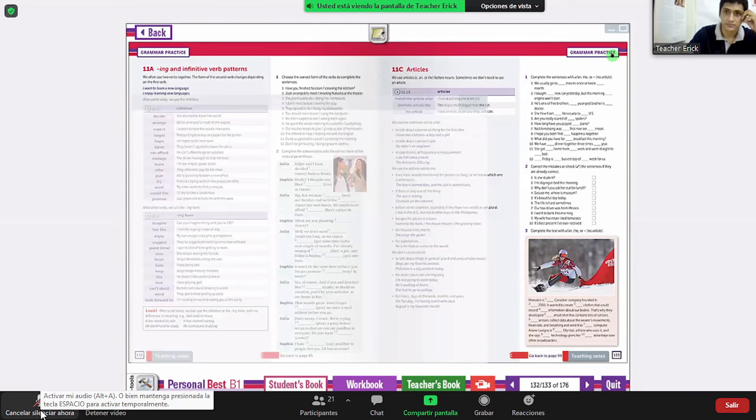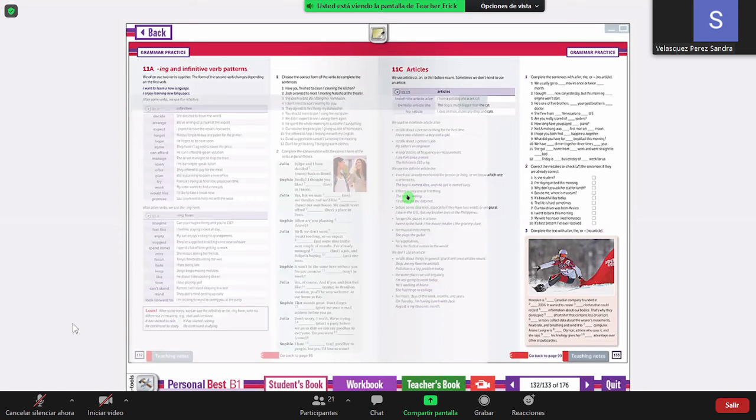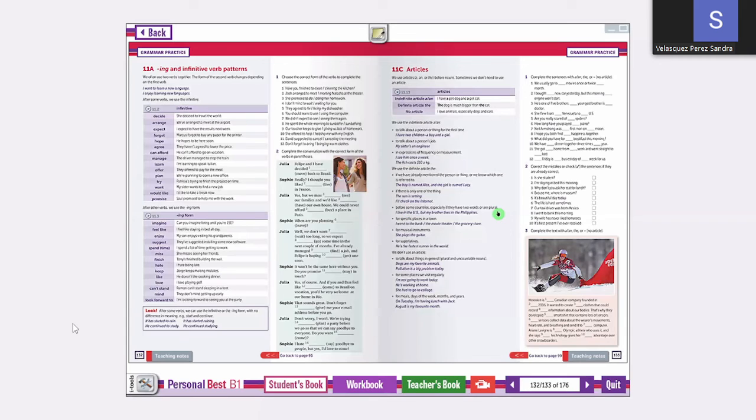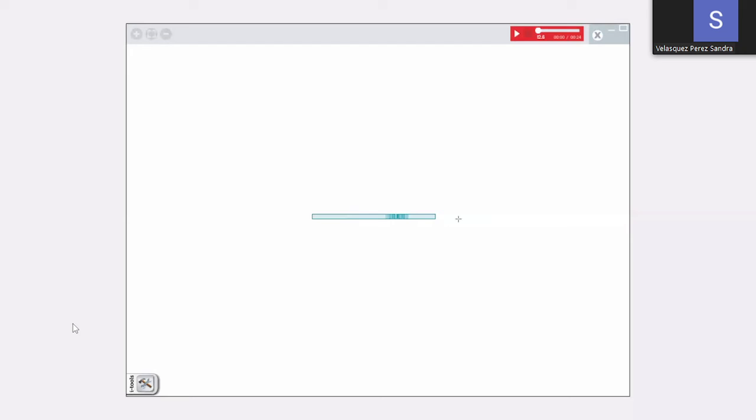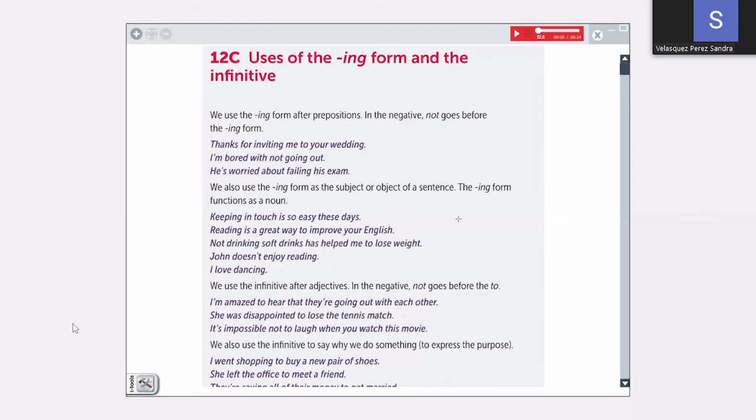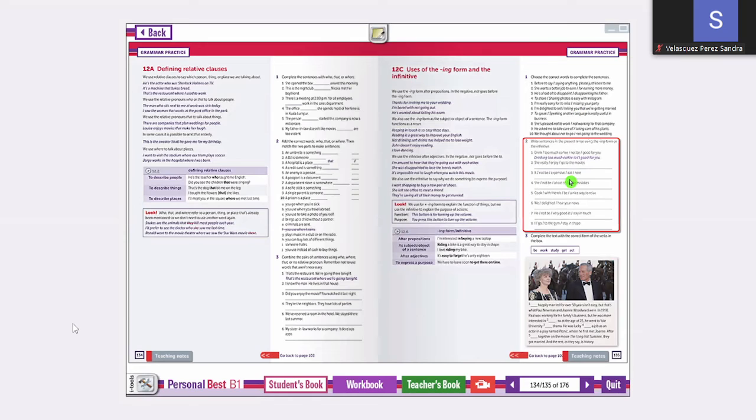Teacher, en la página 135, arriba dice que en el caso de hacer una oración negativa, el not va antes del ing, y hay un ejemplo: I'm bored with not going out. Y en las oraciones que hicimos, lo hicimos con isn't, al principio el not. ¿No hay problema con eso?